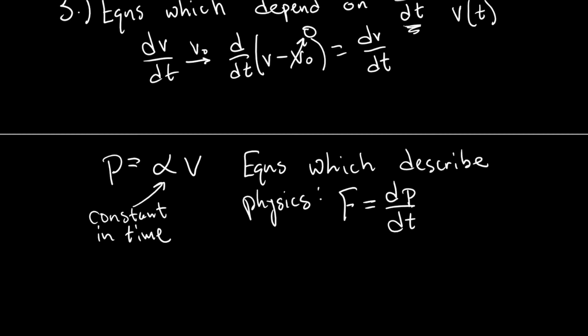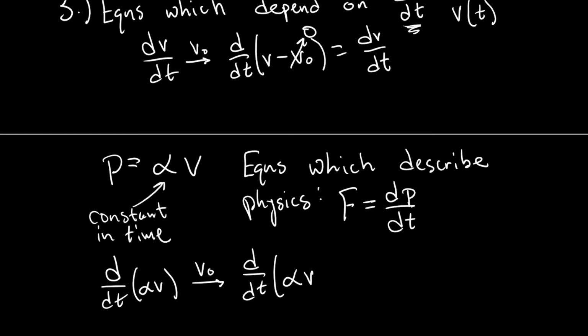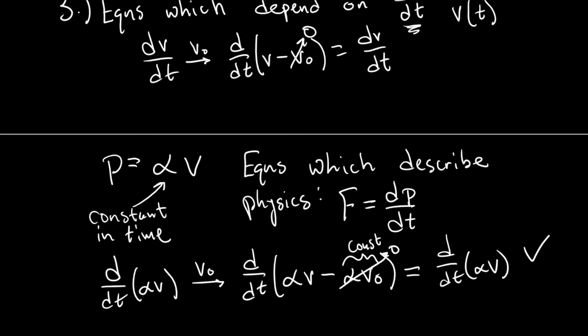So obviously, if alpha is a constant, I can still shift velocity, and I can take d by dt of alpha v, shift v by some v naught, and I get d by dt alpha v minus alpha v naught. Since both of these are constants, this is going to go to 0, and I have d by dt alpha v, which is great.